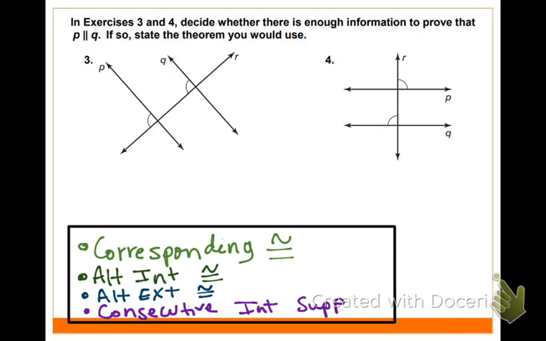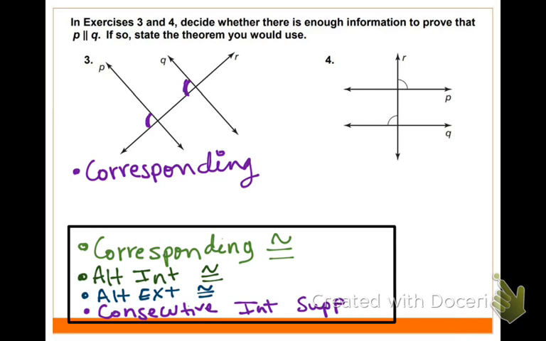All right, so number 3, what relationship, if any, is pictured here? What relationship do these two angles have? They're corresponding. So what do corresponding angles have to be in order for the lines to be parallel? They have to be congruent. So let's look and see if they are. What do these curve marks mean?